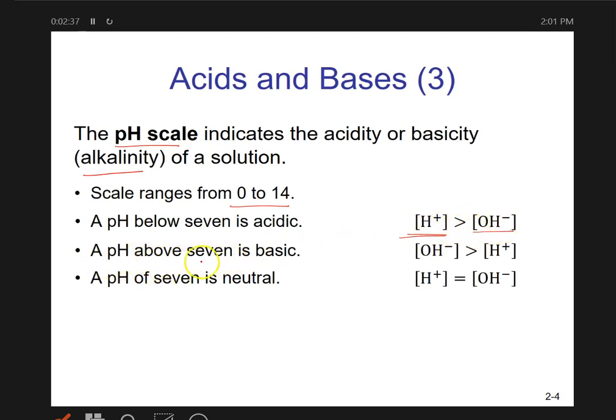If the pH is above 7, then it's basic. That means the hydroxide ions are way higher than hydrogen ions. If the pH is neutral, that means the hydrogen ions are equal to the hydroxide ions. Water is close to 7, or it's supposed to be close to 7.